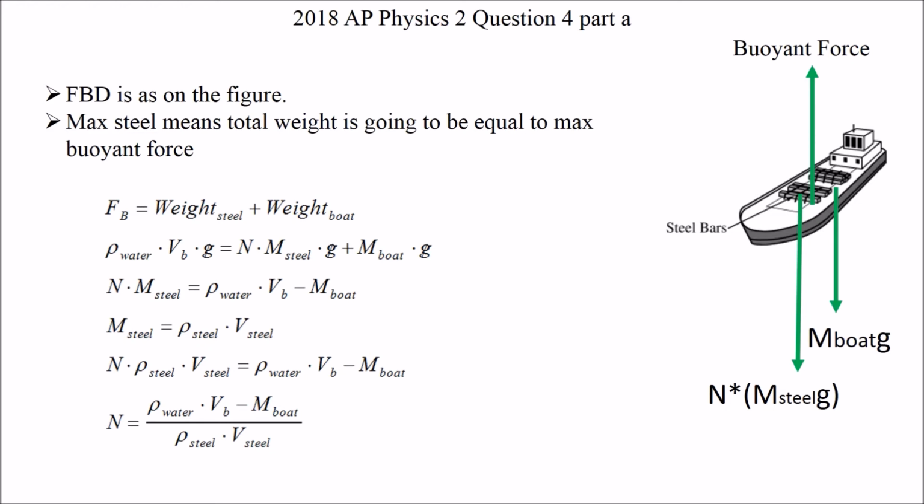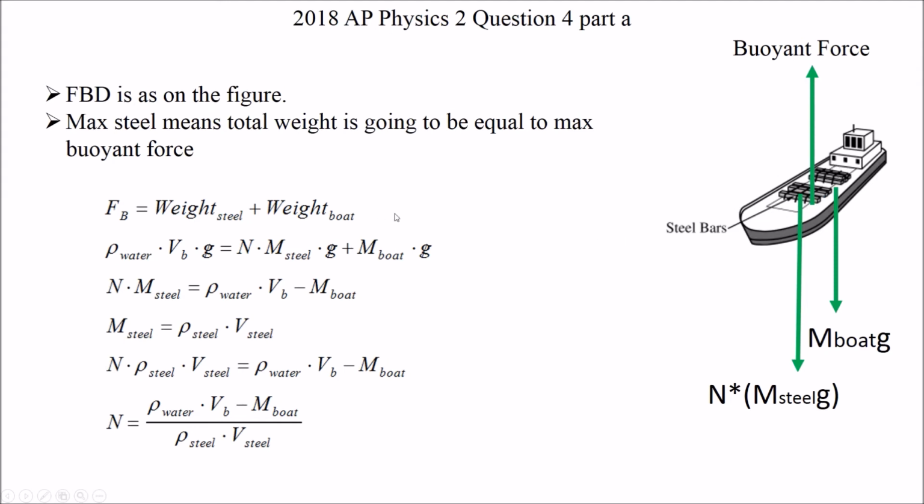The boat is floating in a river with water of density rho water and is being loaded with steel beams, each of density rho steel and volume v steel. The boat owner wants to carry as many beams as possible. So he's trying to load as many of those beams as he can. The question is, what is the number of beams that you can load on that boat without sinking the boat?